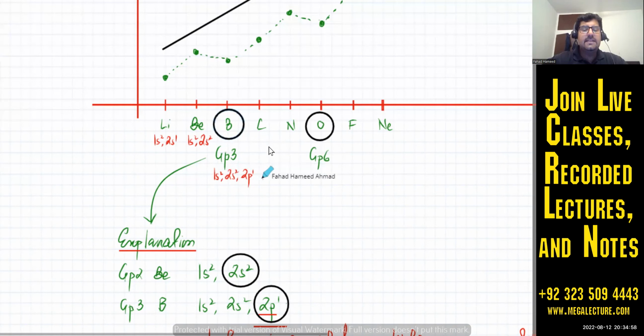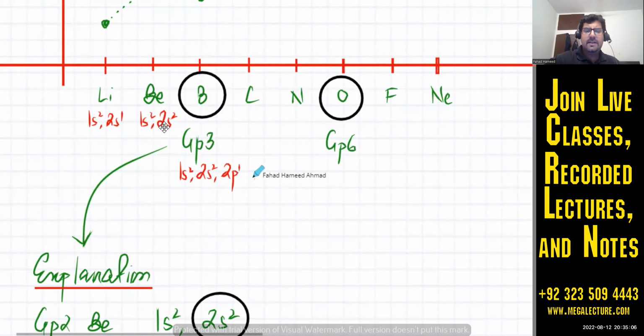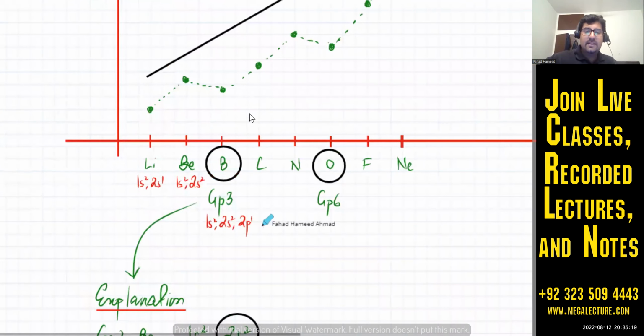After this, the subshell is not an issue because carbon has the same subshells as boron. It's only when you move from beryllium to boron that the electron starts getting removed from a slightly higher subshell. Carbon will have exactly the same subshell, so subshell is not a factor. Carbon is going to follow the trend.